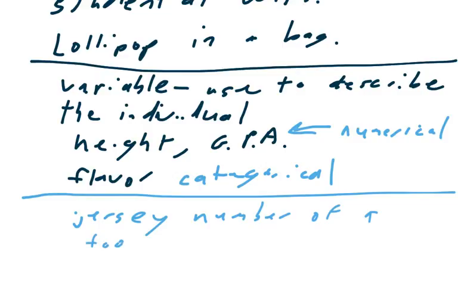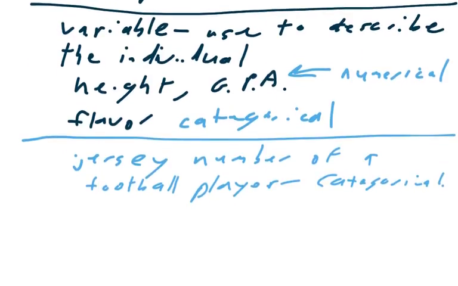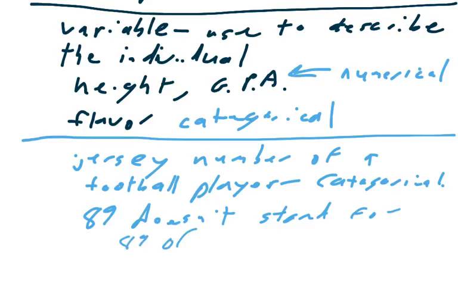If I said the jersey number of a football player, that would be considered categorical, because 89, if here's the number 89, doesn't stand for 89 of anything. It's just a way to describe the person who's on the field. Number 89 just caught the touchdown.